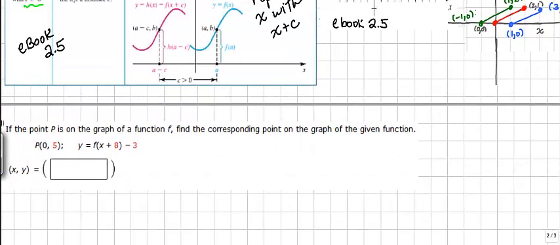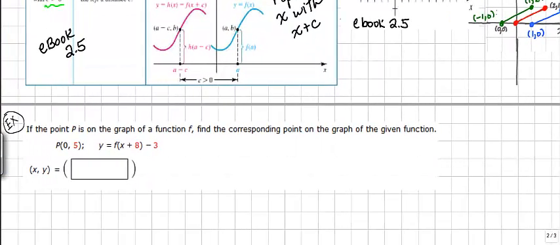Now to finalize, let's do a problem that sort of captures both elements. The question says if the point P is on the graph of the function f, find the corresponding point on the graph of the given function. The point P is (0, 5). The function you wish to graph is y equals f of x plus 8, minus 3.